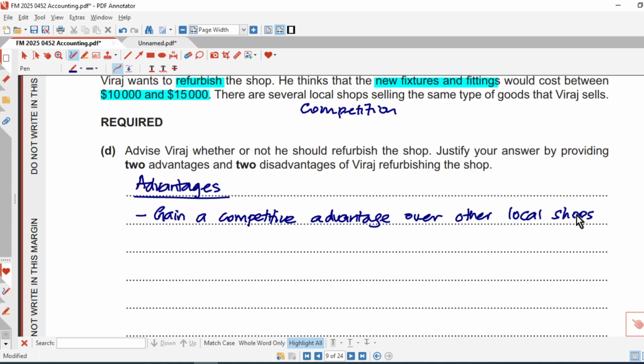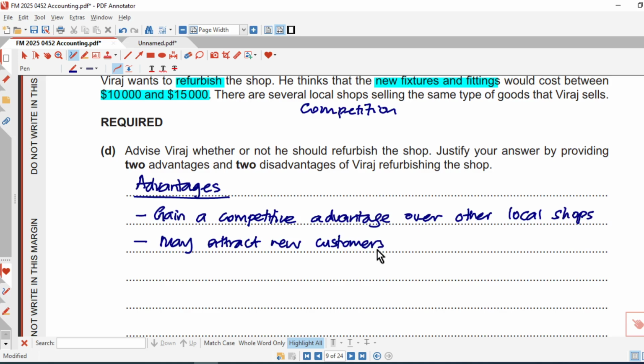So I actually have some benefit. I have a competitive advantage that others do not. So what happens? It may attract new customers because my shop looks nice, it looks new, people are excited to see what has happened.